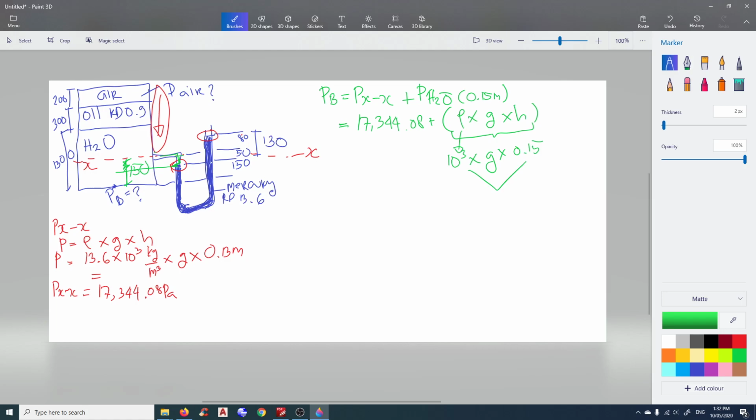So if we calculate this, we get 1471.5 Pascal. So the pressure at the bottom will be 17,344 plus 1,471. You get 18,815.58 Pascal or 18.8 kPa.